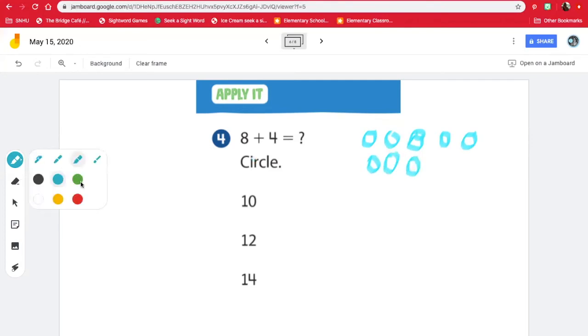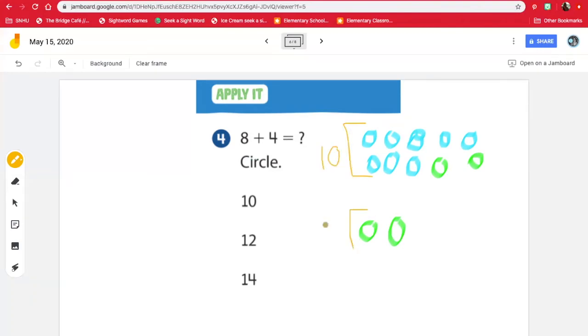Now I need 4 more green. So we have 1, 2, and then down here 3 and 4. So in this picture, I see that we have 10 and 2. And that means we need to add the 10 and 2. So 10, 11, 12. 10 plus 2 equals 12. So there's our answer.